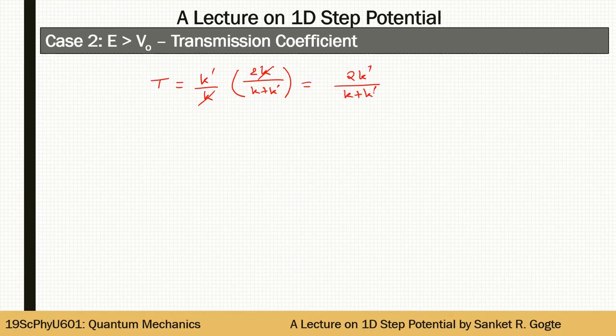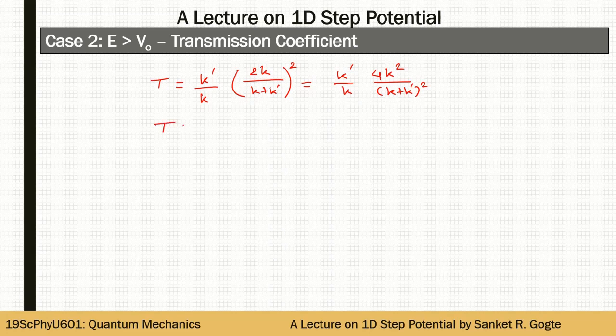Hey, am I making a mistake? Yeah, it's squared. I'm sorry, this cannot cancel. This is squared here. Let's not forget that. So what I have is K prime by K into 4K square divided by (K plus K prime) whole square.